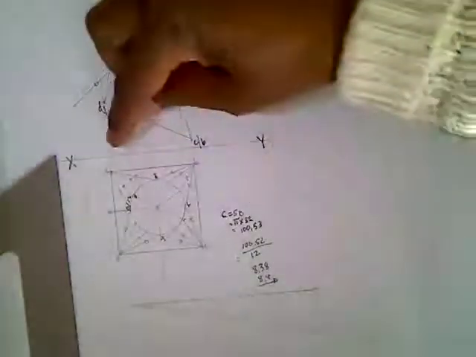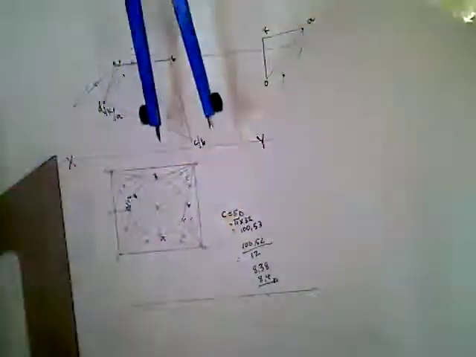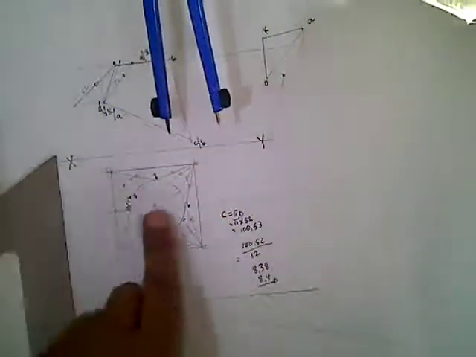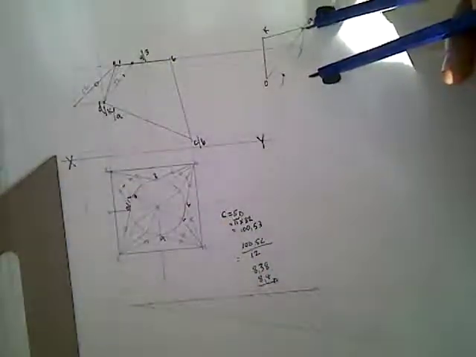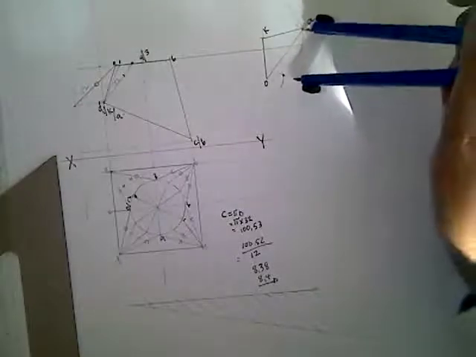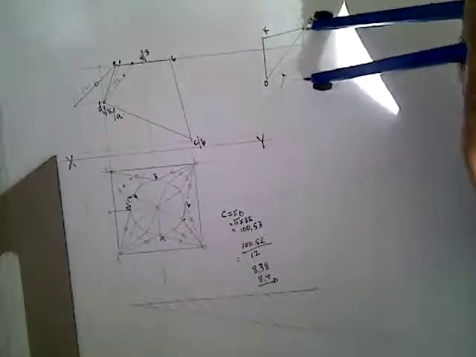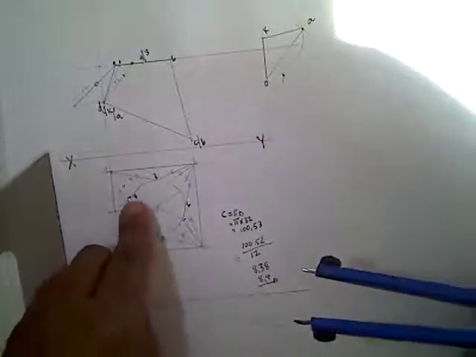And then there will be A to 2. A to 2, same true length. A to 2 will be somewhere here. And then now I must move from 1 to 2. From 1 to 2, it's a triangle.